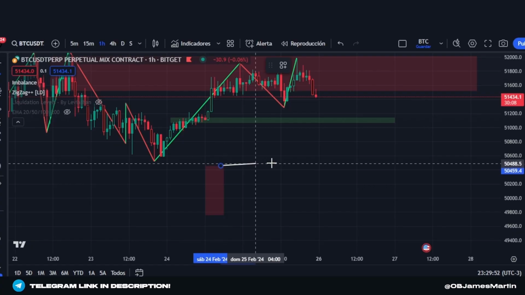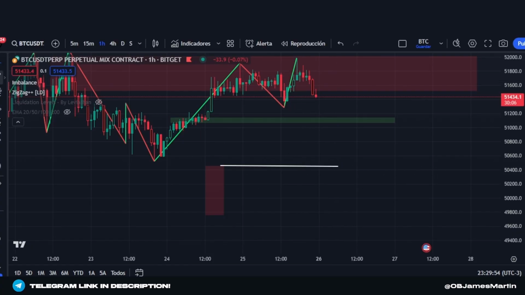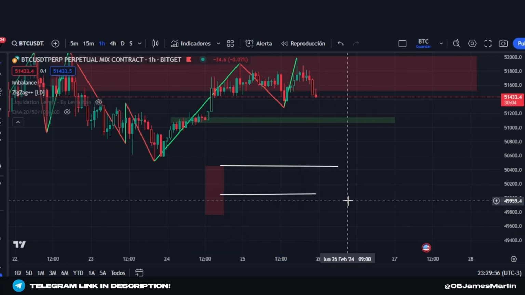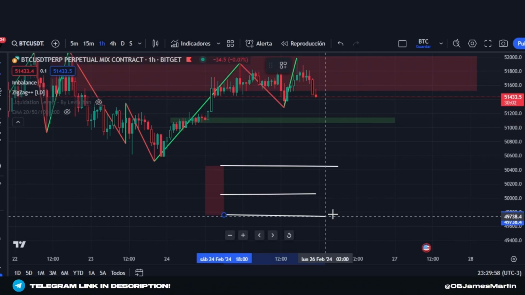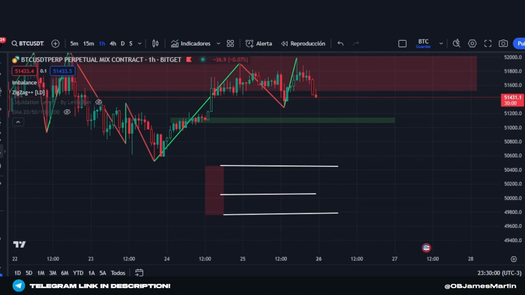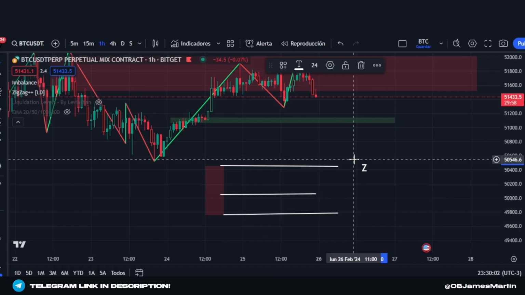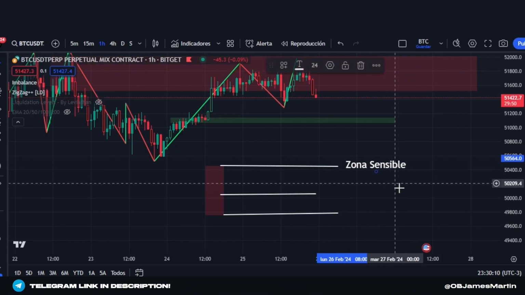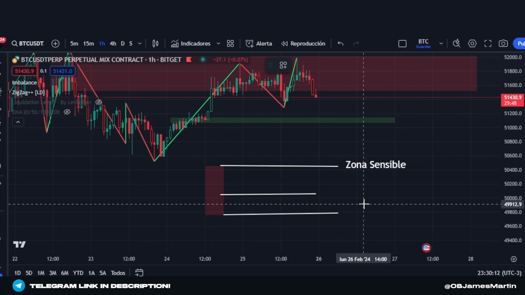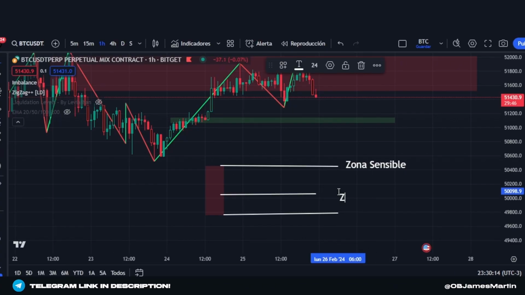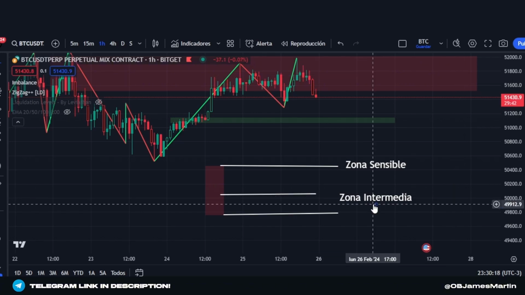The price has 3 zones. You can see that, just make these lines. The first zone is called the sensitive zone. The sensitive zone is where the price arrives more easily because it's the first zone, or resistance zone. You don't know if at that point the price will turn around.